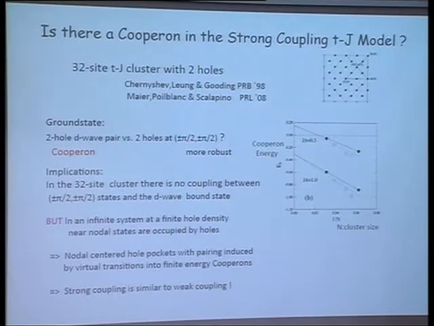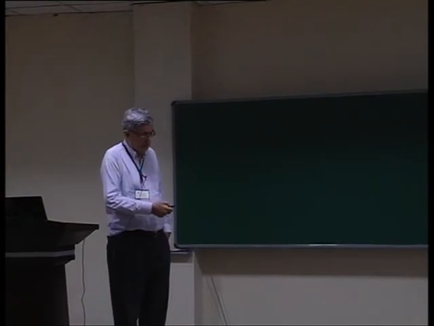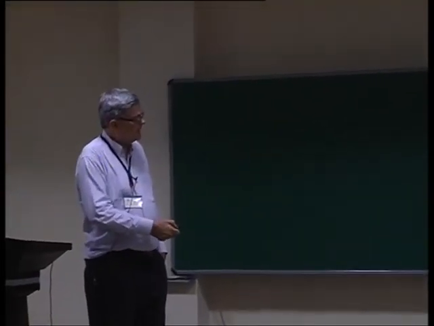No, the t-J model doesn't show automatically superconductivity, but I think that's a bit too pessimistic, because if we go to an infinite system but keep a finite hole density as we go to infinity, then we will occupy not just these exact nodal states for the holes, but a small region of k-space near that. That will allow us coupling then when we move away from nodal to the Cooperon. So we see that these calculations here also support the idea that there could be a Cooperon existing in this strong coupling model. Well, I will finally conclude here.